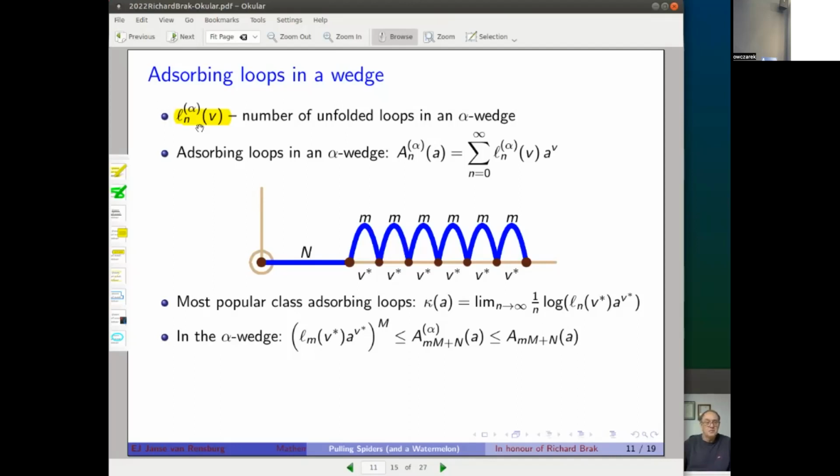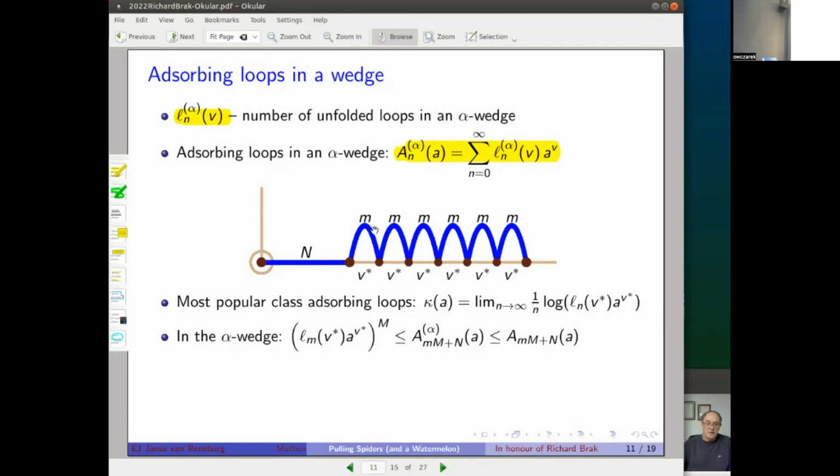So this would be the number of unfolded loops of length n, and with v visits to that bottom plane. The loop partition function I will indicate by a_n sub alpha of a. So this is the partition function of loops, and what we're going to do is we're going to count some of the contribution to this partition function, so that we come from below and get a lower bound on it. The way we do it is we take loops.